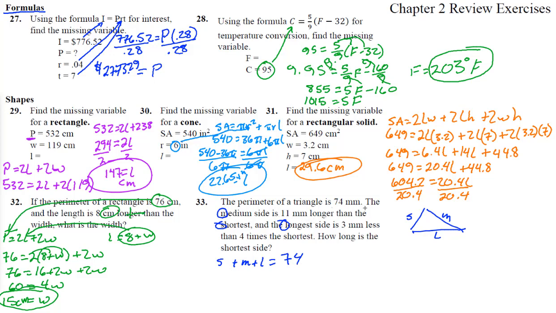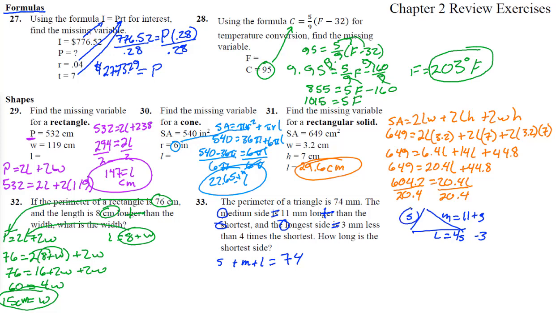The medium side is 11 millimeters longer than the shortest. So that is 11 more than the shortest. And the longest side is 3 less than 4 times the shortest, so 4 times the shortest minus 3.